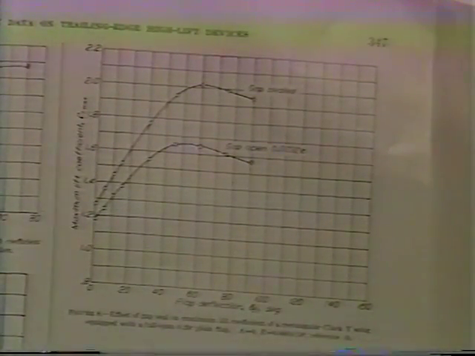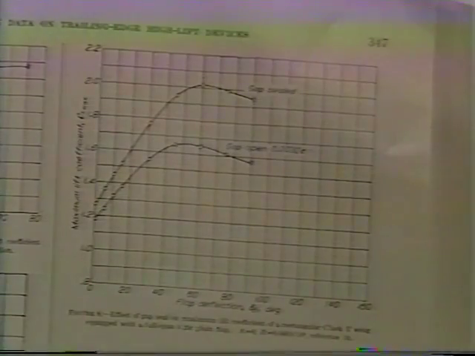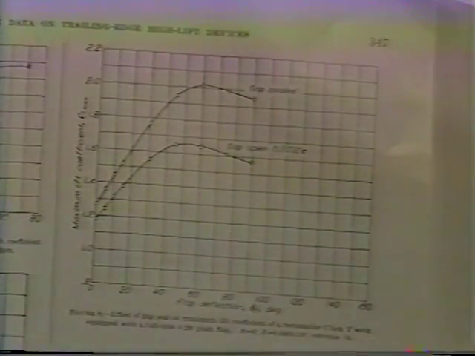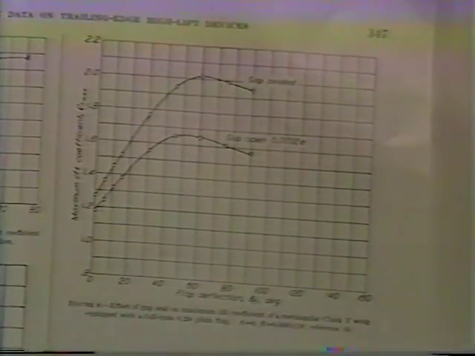In dealing with a plain flap, one that's just a little bit better than a split flap, sealing the gap between the flap and the wing has a definite effect. Here is a chart that shows the maximum lift coefficient as compared to flap deflection for a simple flap on a Clark Y airfoil, one with the gap open and one with the gap sealed.